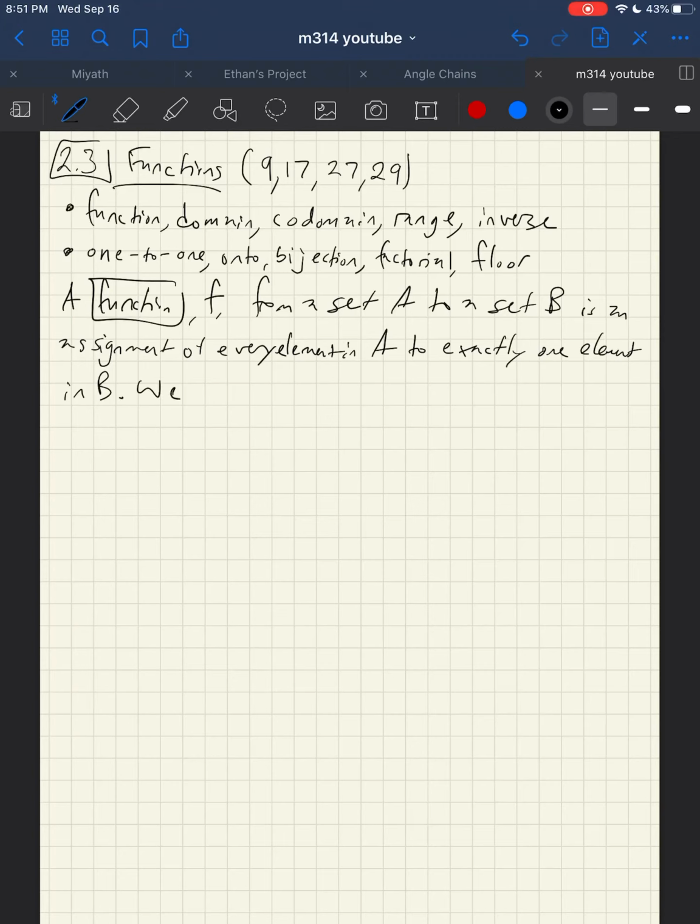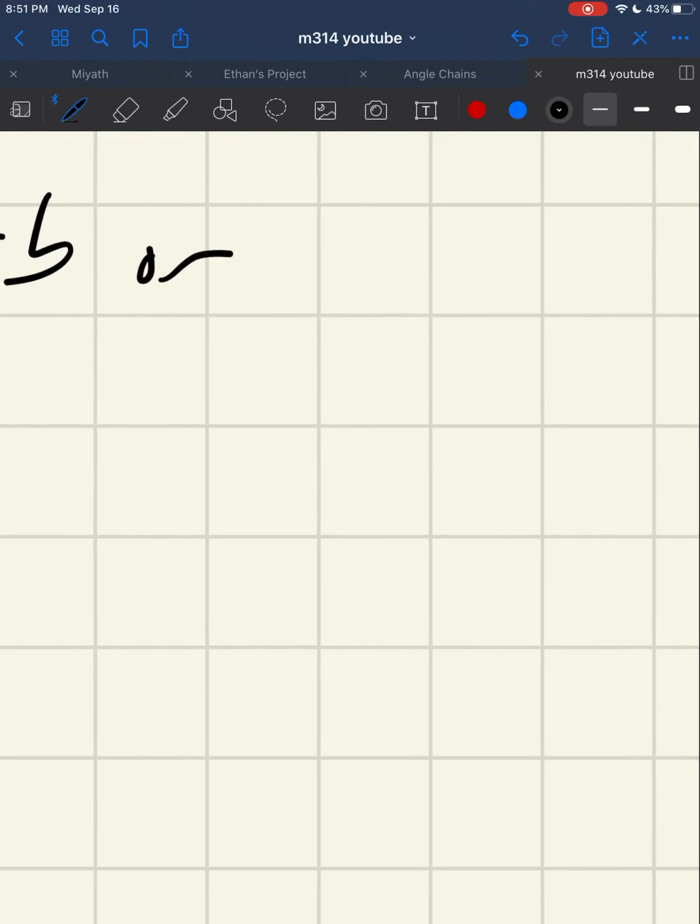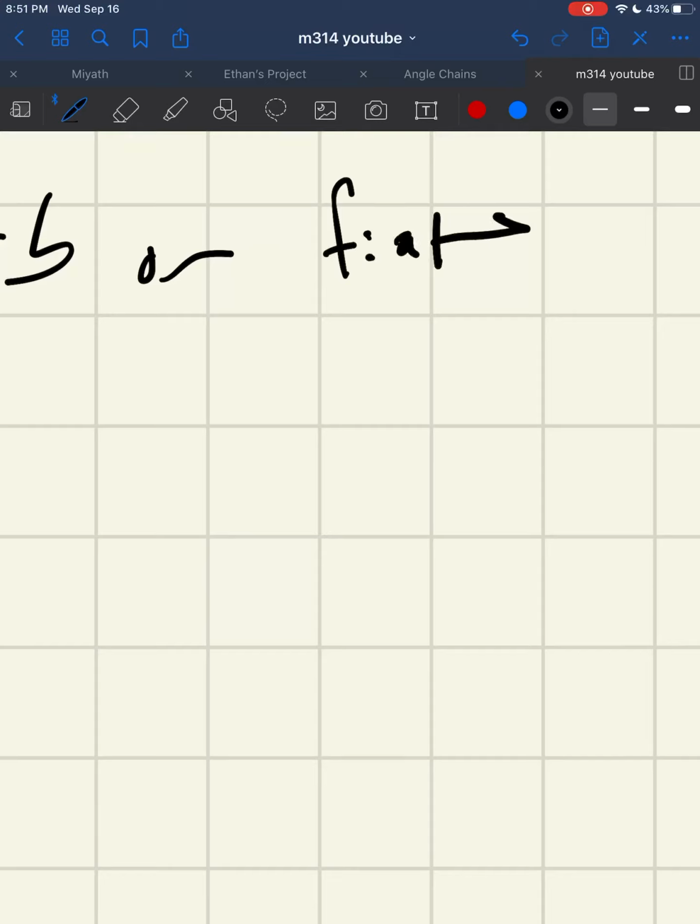We write f maps A to B with f of A equals B, or, and here's some new notation, probably a lot of you have not seen this before, f takes little a to little b, and this is a vertical bar with a right arrow next to it.